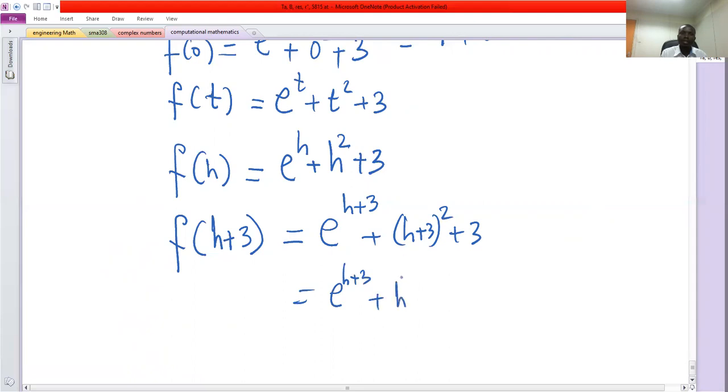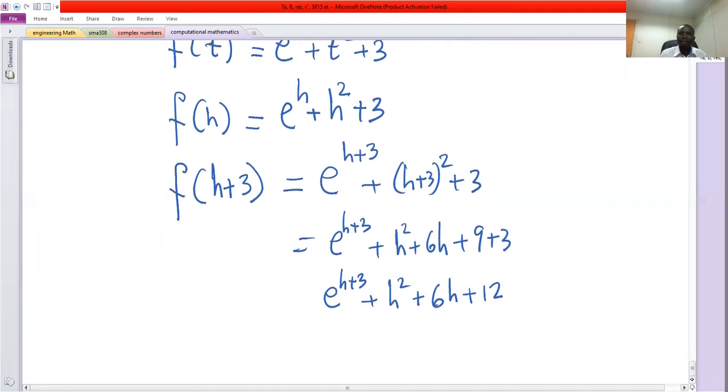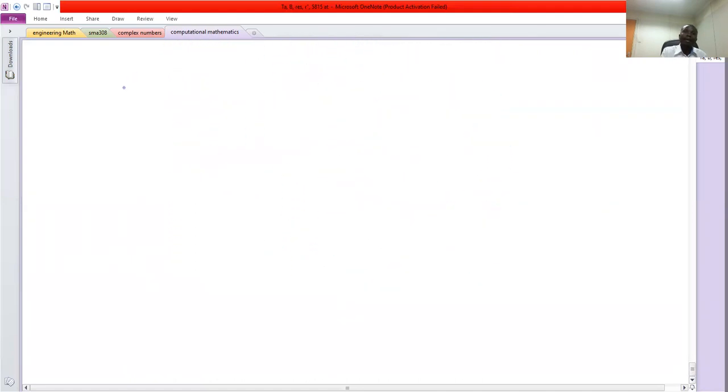This will be h squared plus 6h plus 9 plus 3, which will be e raised to power h plus 3 plus h squared plus 6h plus 12. So that's how we solve that.